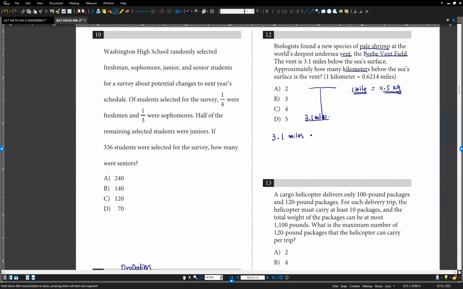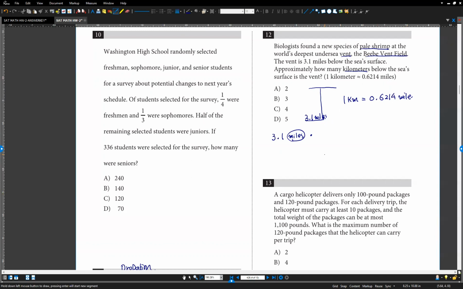But now it's not 1 mile. 1 kilometer is given in miles. That's the converting ratio. 1 kilometer is equal to approximately 0.6214 miles.